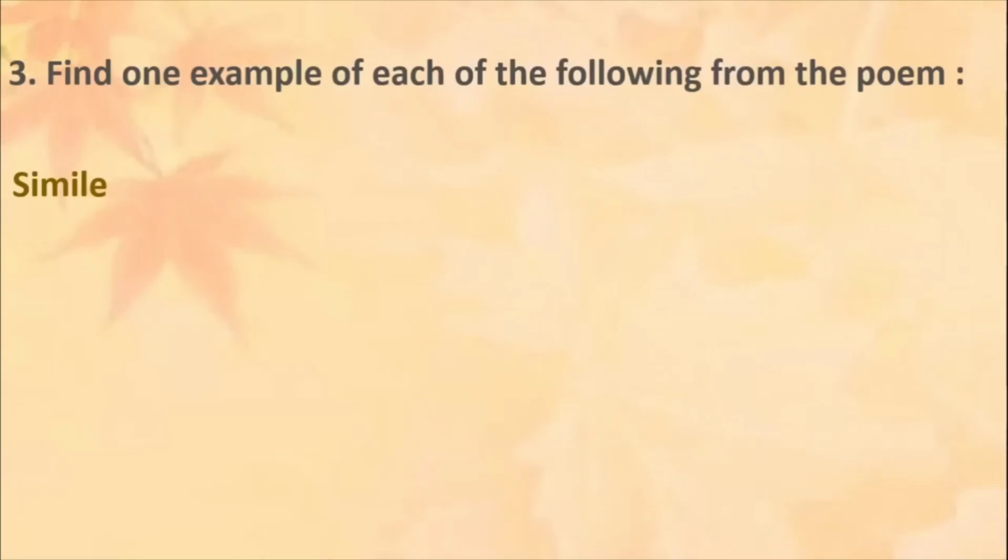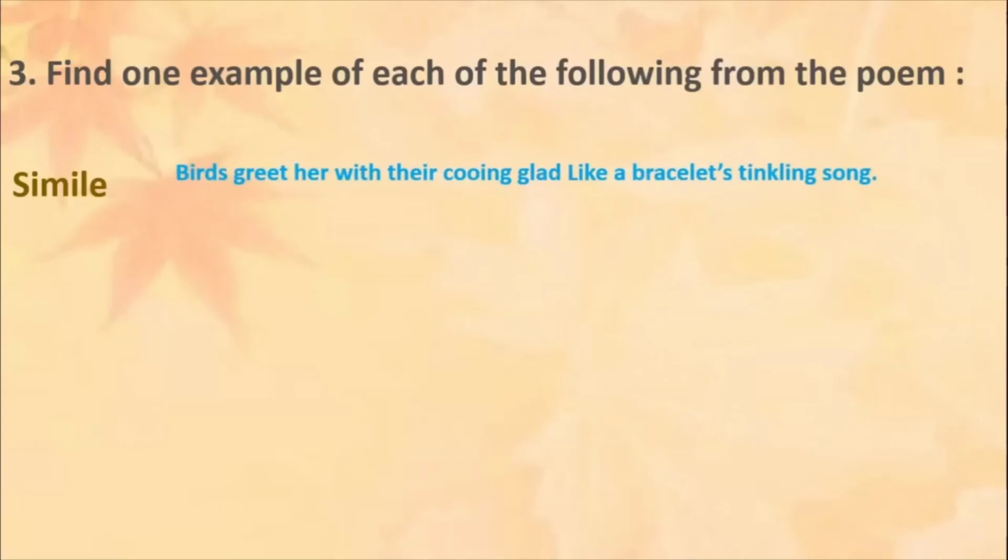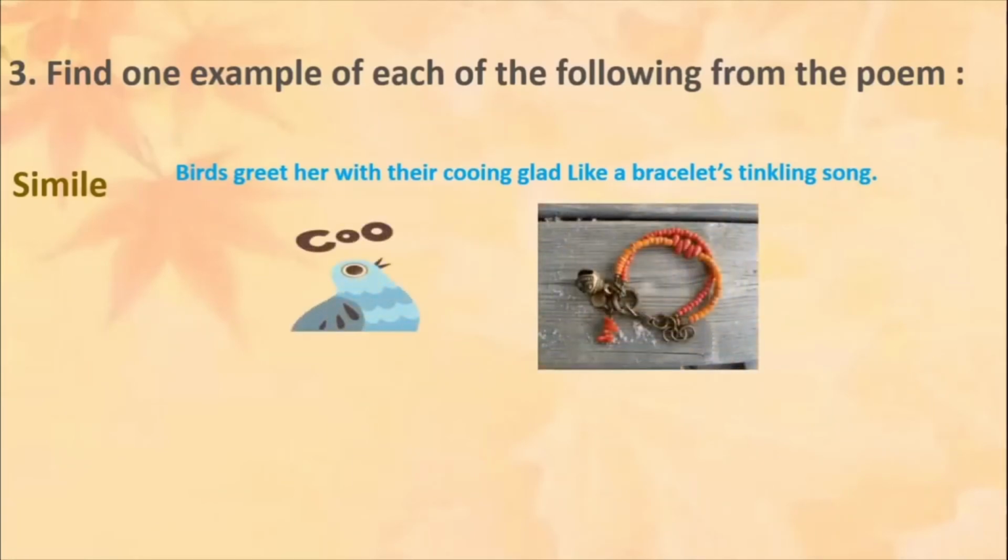So the first example which I have found out for simile is, birds greet her with their cooing glad like a bracelet's tinkling sound. So here the sound of the cooing of the bird is being compared to the bracelet's tinkling, and you can see here the word like has been used, so it is an example of simile.